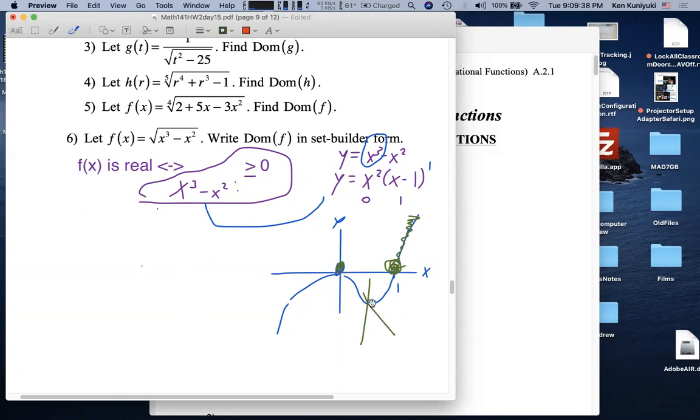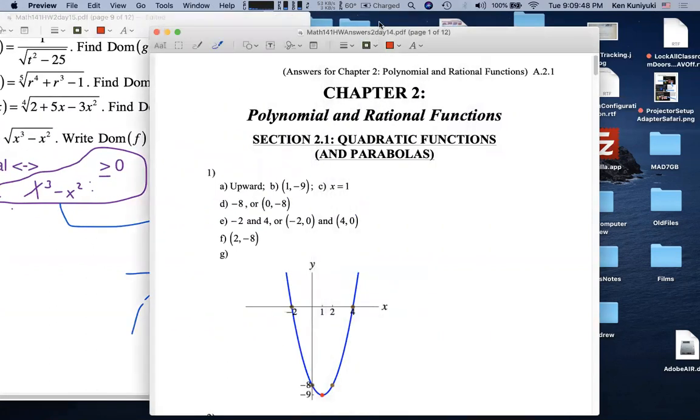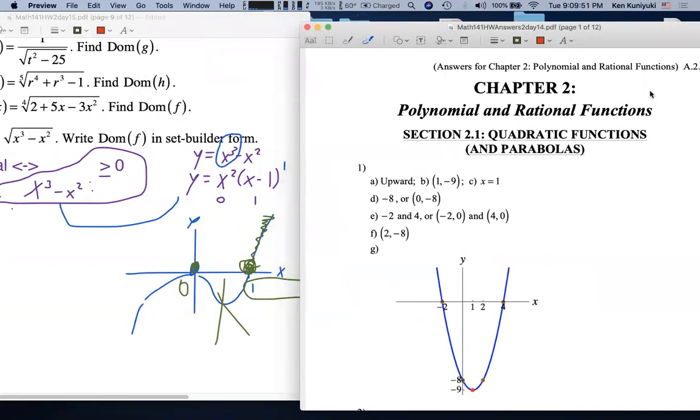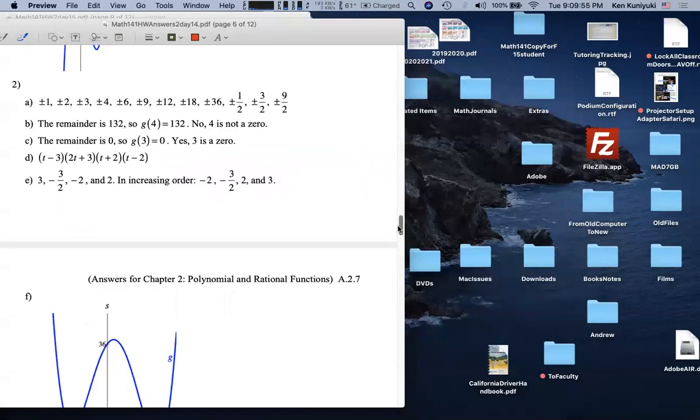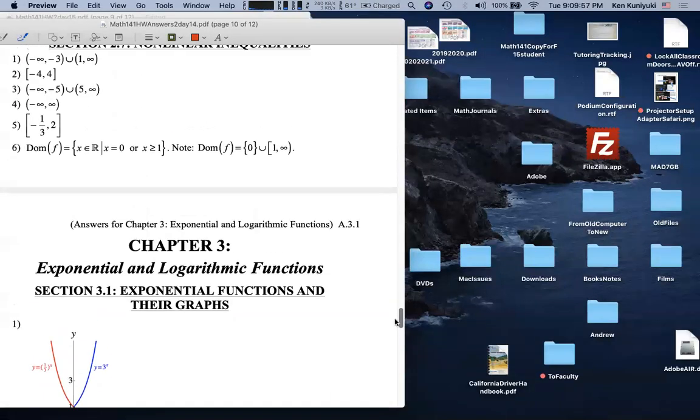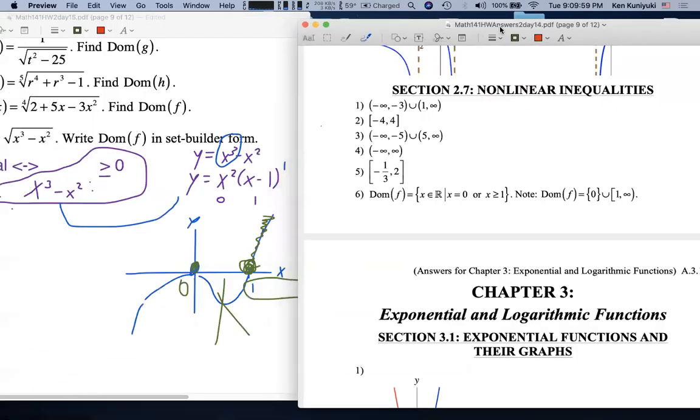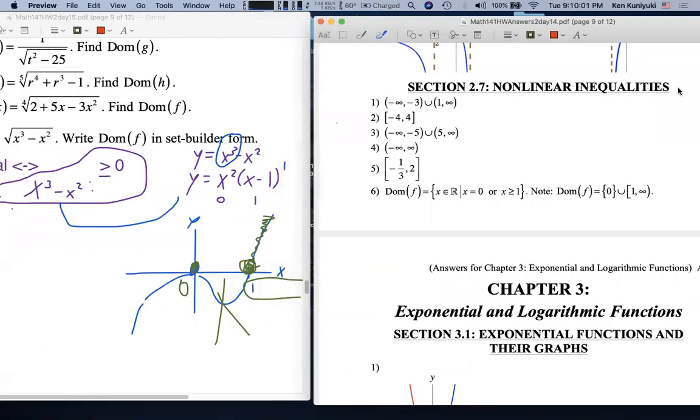So what are the corresponding x values we pick up? We pick up 0 and everything from 1 on. So in my answer sheet, I actually use set builder form because it might be more familiar.